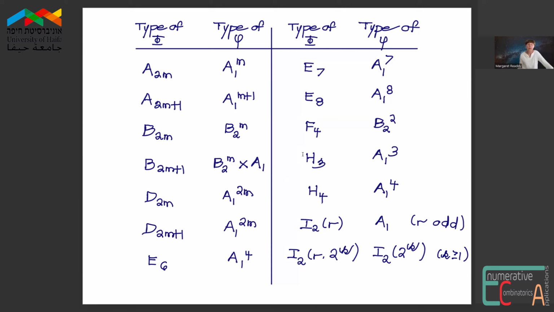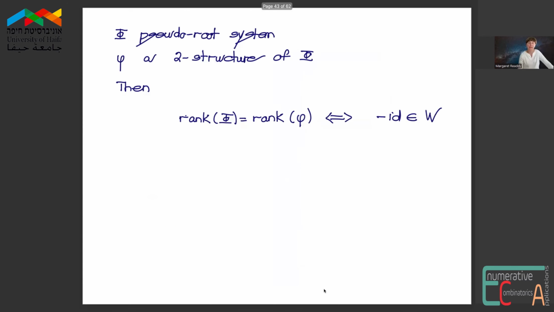For example, D of 2M is the pseudo-root system, and then the 2-structure is A1 to the 2M, so that has the same rank. And in fact, if phi is your pseudo-root system and you have its associated 2-structure, when the two ranks are the same, that's equivalent to the negative of the identity being in your Coxeter group.